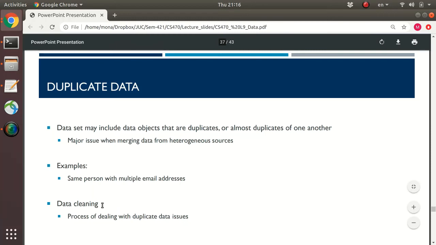We can also fix the abbreviation so that the underlying data objects refer to the same thing. So if we are using abbreviations of cities or addresses, we need to make sure that the abbreviation is the same across the different data sources.